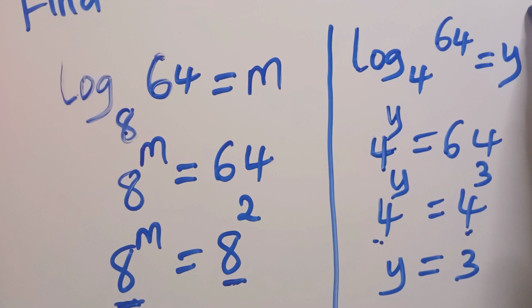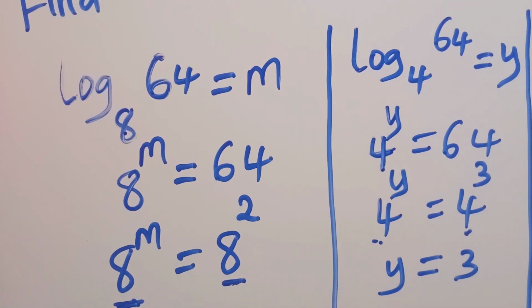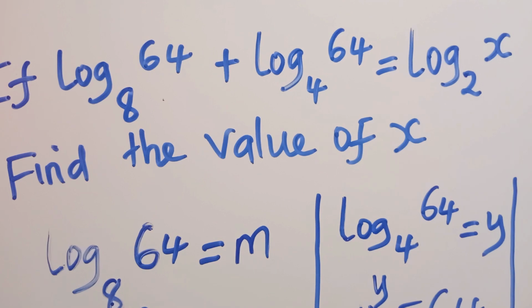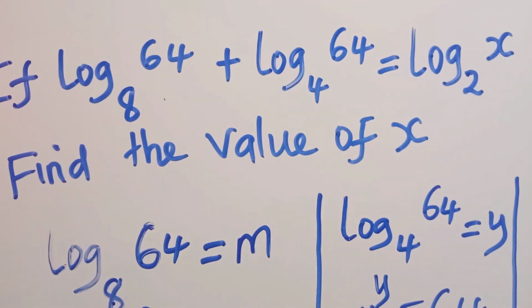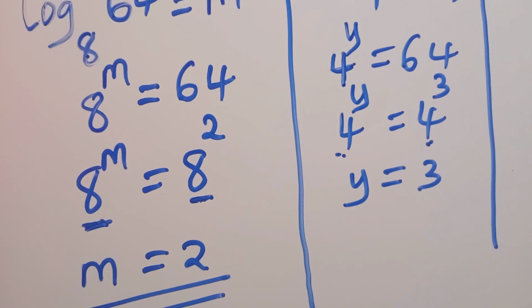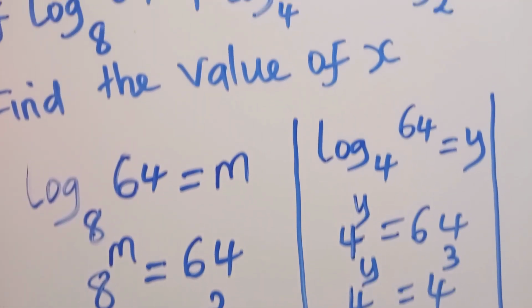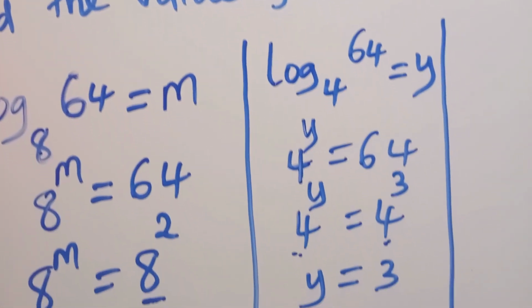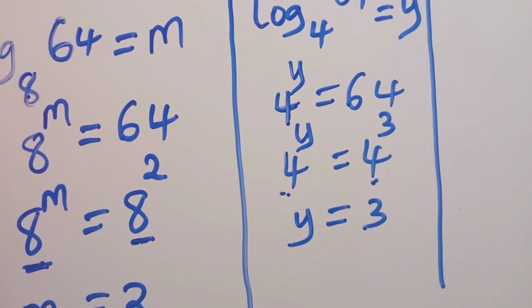Now, after obtaining that, we shall replace the logarithm of 64 base 8 with m, which is 2, and the logarithm of 64 base 4 with y, which is 3.